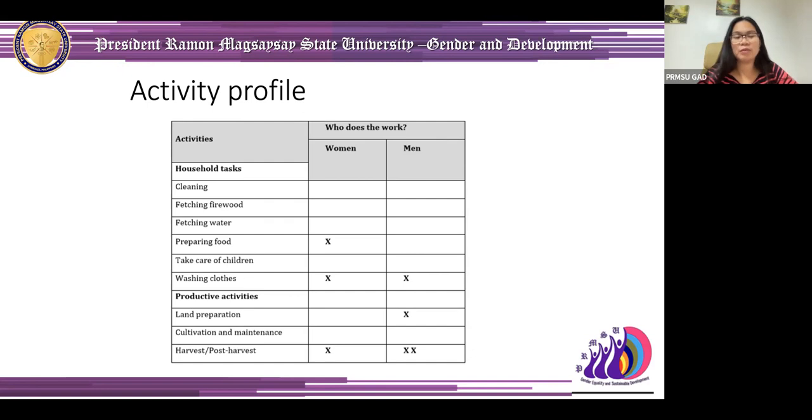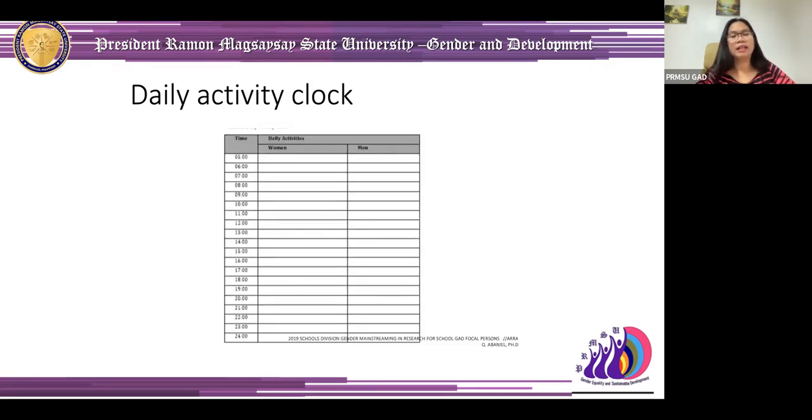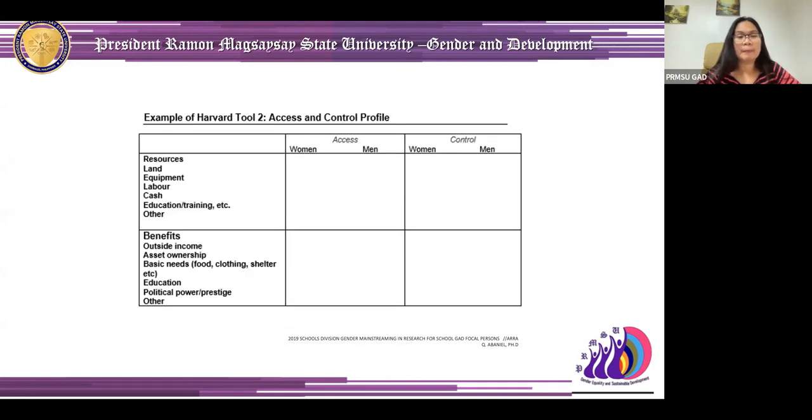Okay, so that's why we have to look into their activity profile also. You can even use this so you know when to schedule the training, what is the more convenient time for them, and whether it should be whole day or half day, wherever attending our skills training will be less of a burden on them.